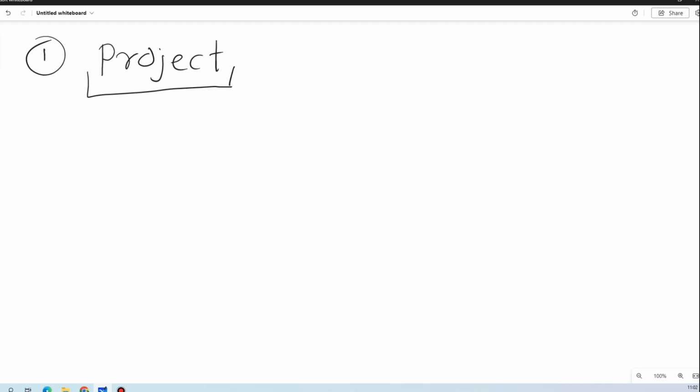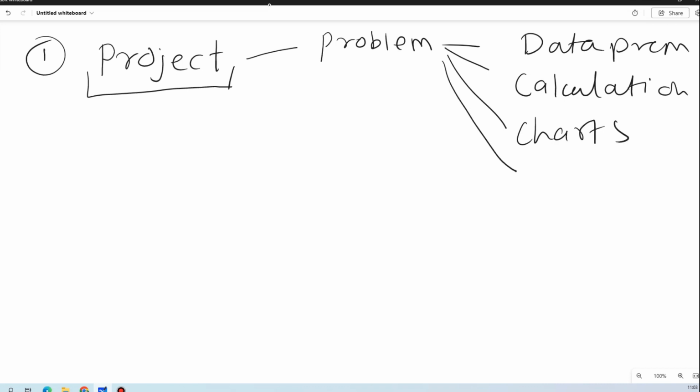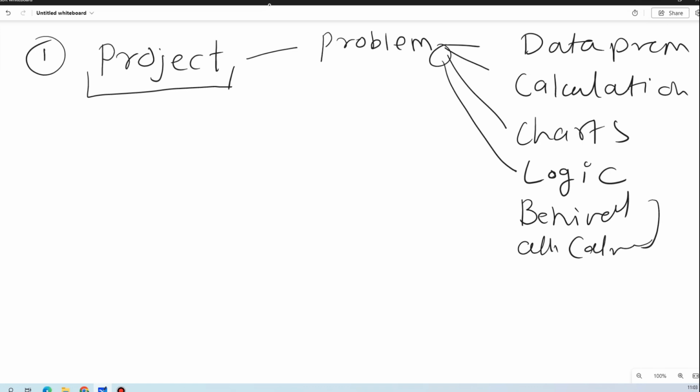You have to do some project on your own, and while working on your own project you will face some problems related to data preparation, problems related to some calculation, problems related to adjusting some charts, and problems related to the logic behind all calculations.